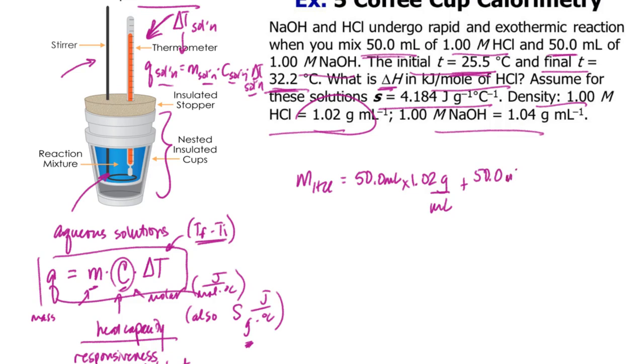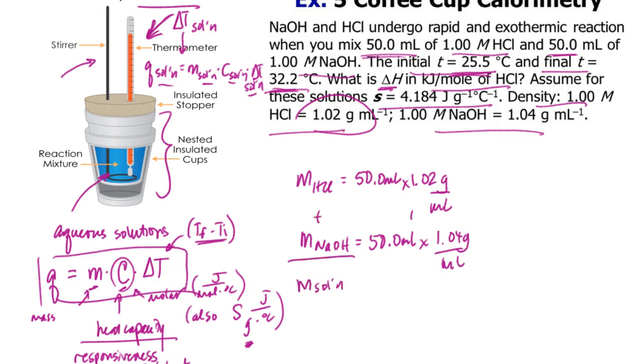Actually, no, let me keep these terms separate so I don't mix them up. So I'm now going to calculate the mass of sodium hydroxide. So that would be 50 milliliters times 1.04 grams per milliliter. I would have to add both of these terms in order to get the mass of the solution.